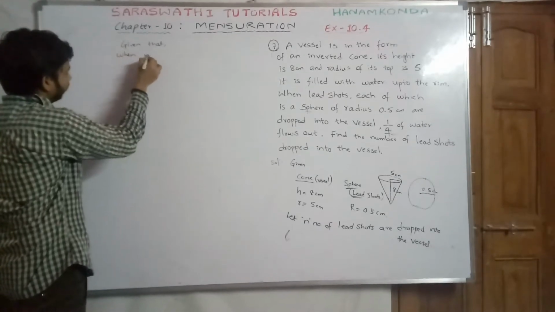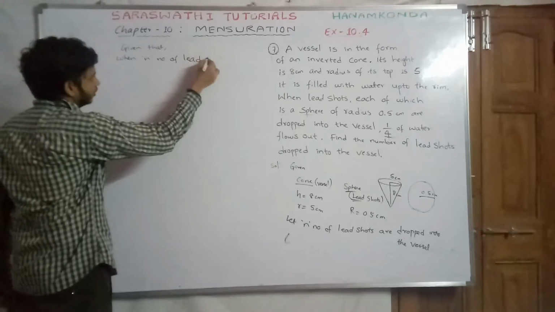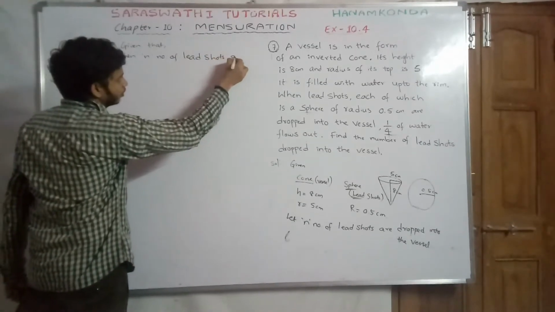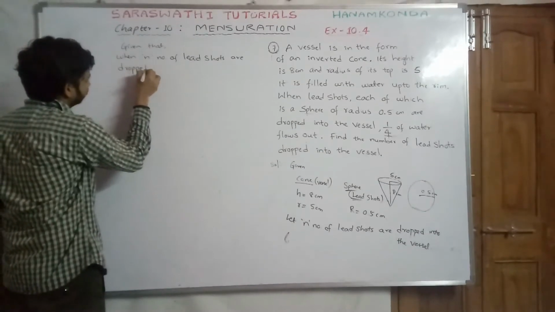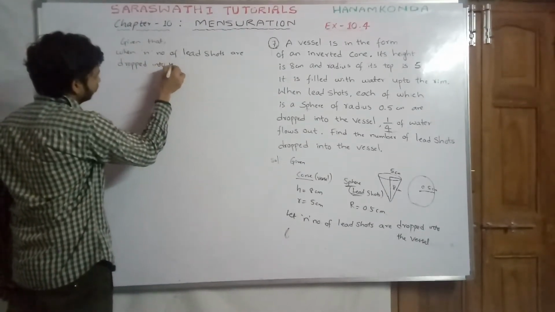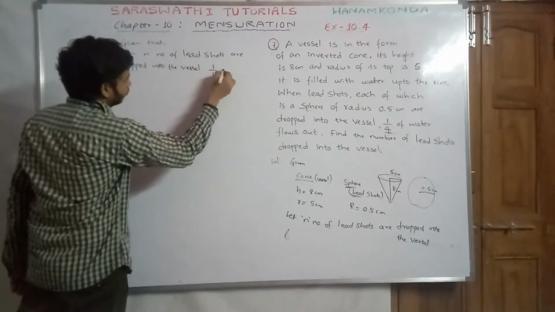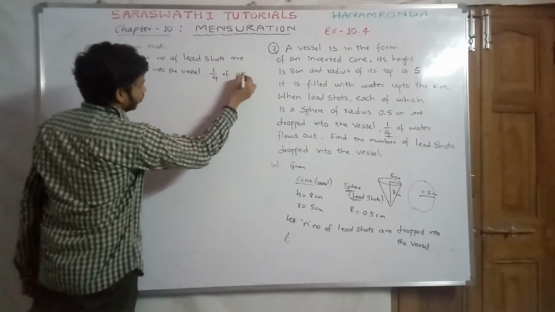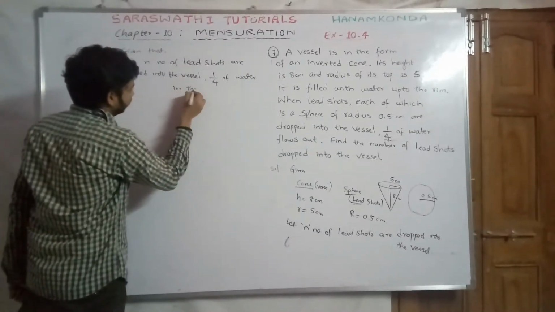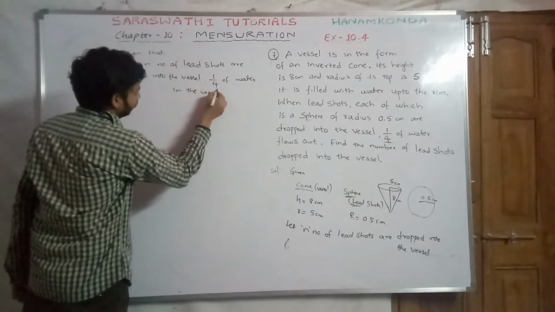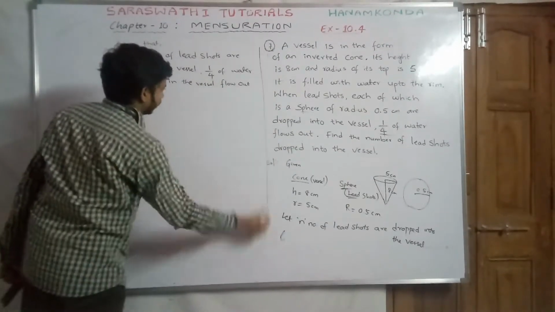So when n number of lead shots are dropped into the vessel, 1/4 of the water in the vessel flows out.